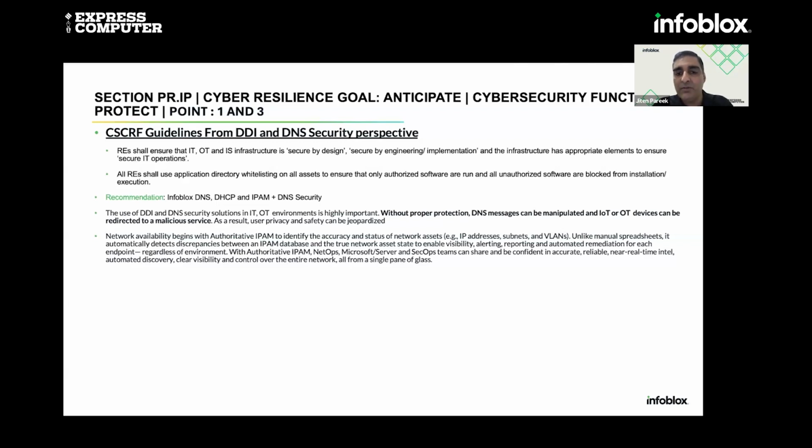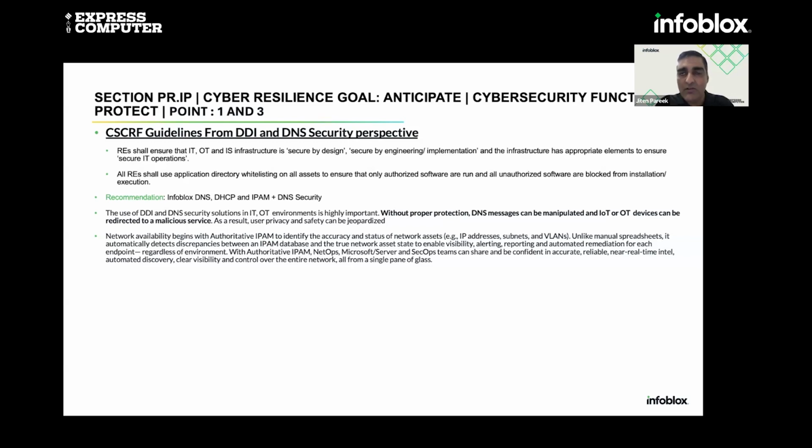And when you have that visibility and your DNS is secured, you can even plan to protect the devices where you cannot install agents like EPP, EDR, XDR agents, such as IoT or OT devices. And when they are trying to communicate with malicious services, it is easy to visualize and easy to protect them.